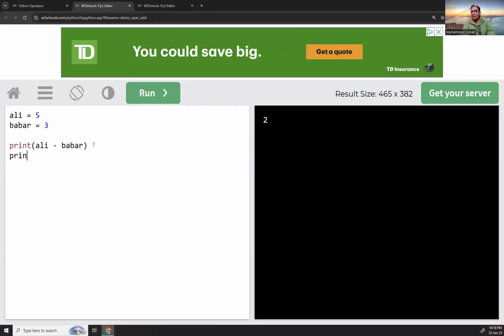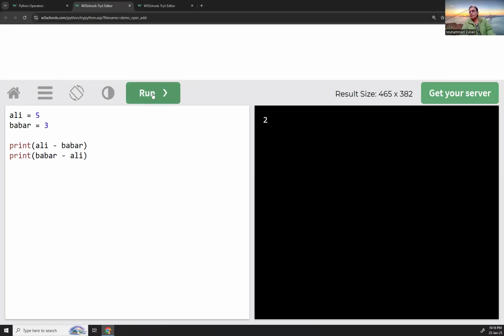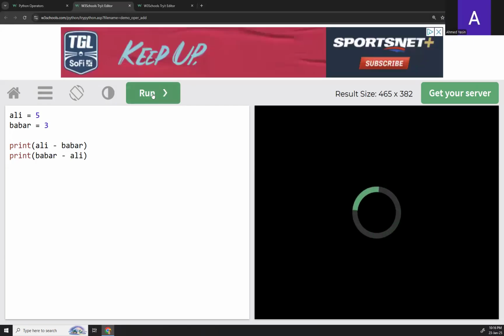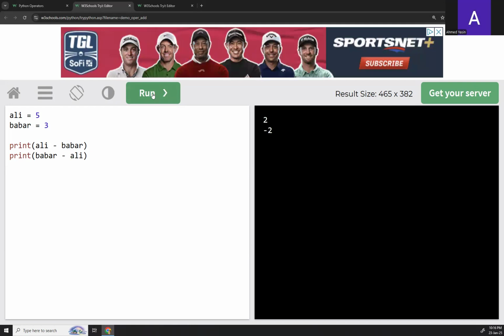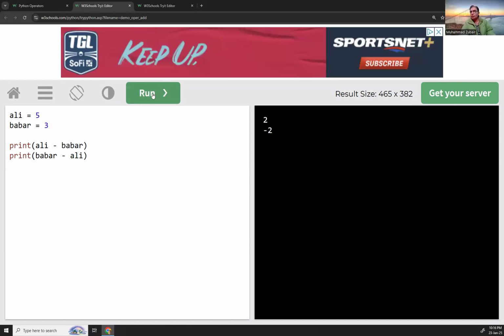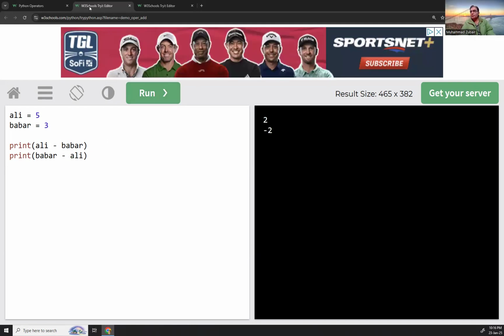And what if we try in another line Babar minus Ali? What will happen now? This time it is going to say 2 and minus 2. It is interesting, right?